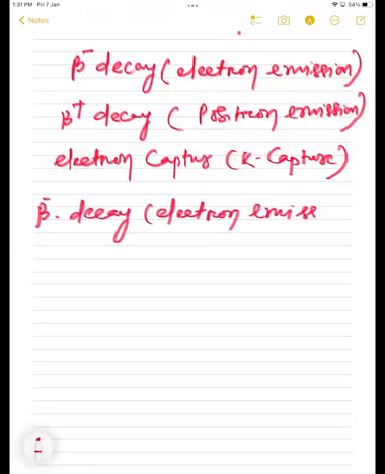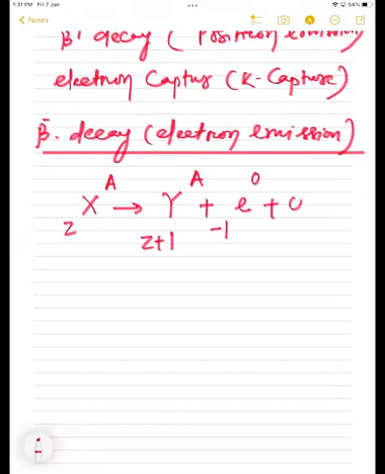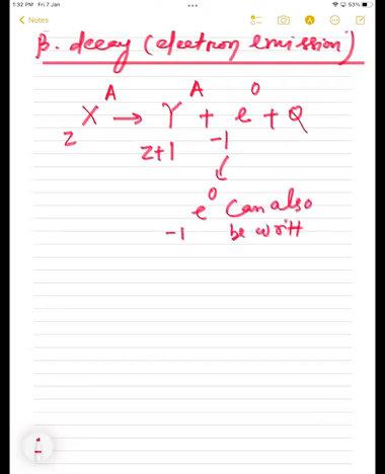So let's say there is an element X with atomic number Z and mass number A. Reactant gives products, plus to balance it, an electron, plus Q value. The electron written as -1 0 can also be written as beta -1 0.